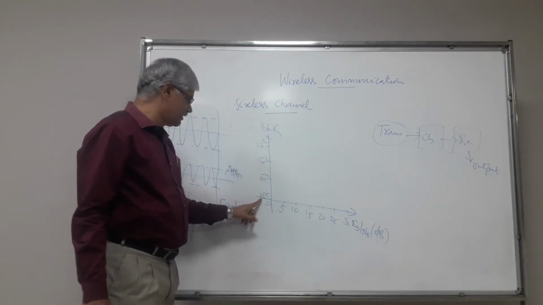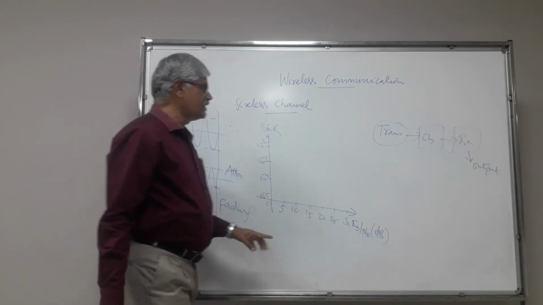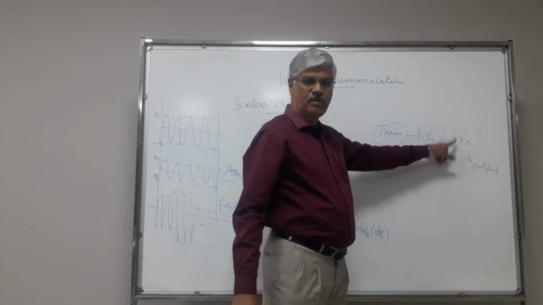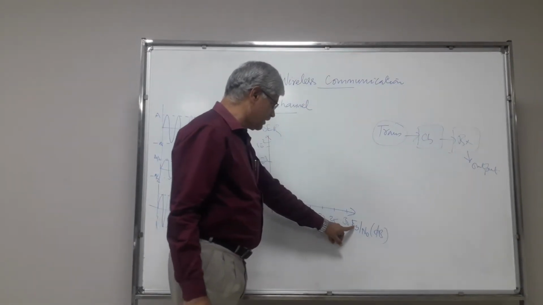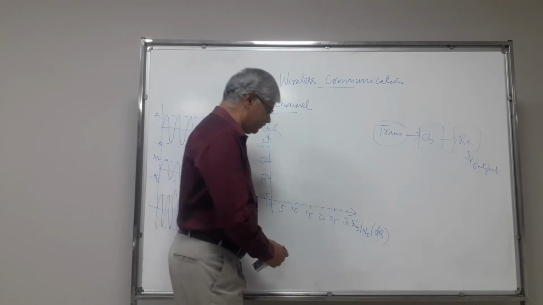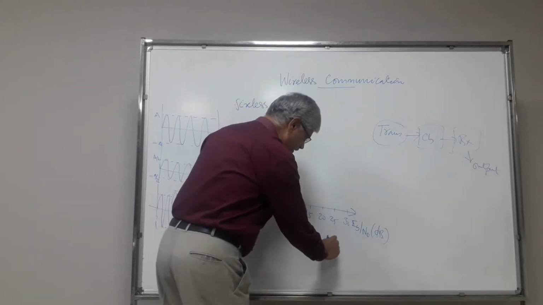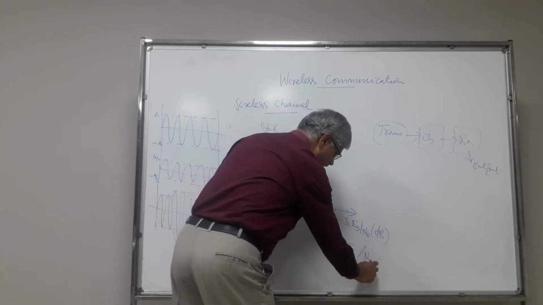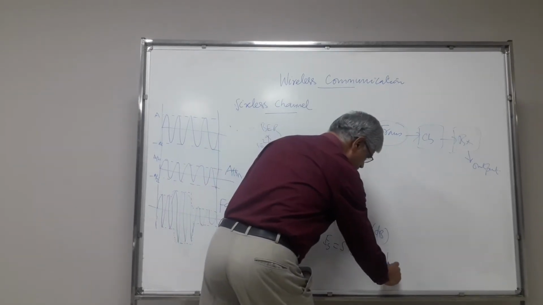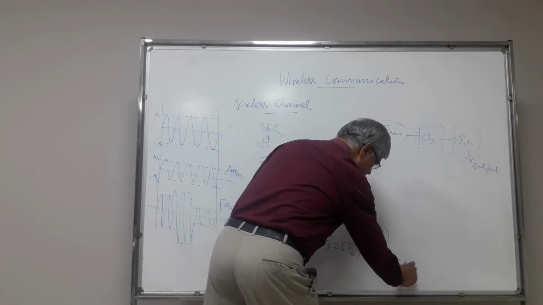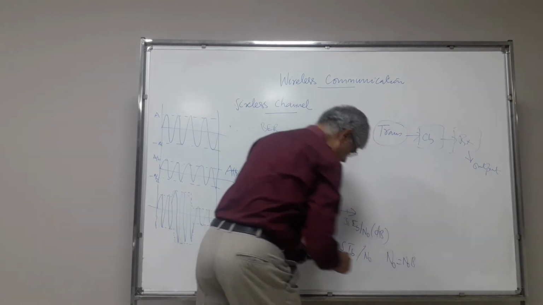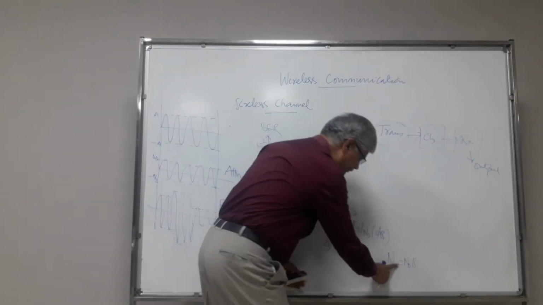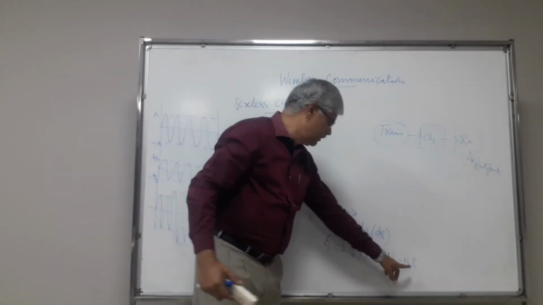So to get this kind of a quality, what is the Eb by N naught that is to be received at the input of the receiver? Eb by N naught, energy per bit. Eb is the energy, which is the signal power and the bit duration, divided by N naught. N naught is the noise power, N naught into B, where B is the bandwidth.